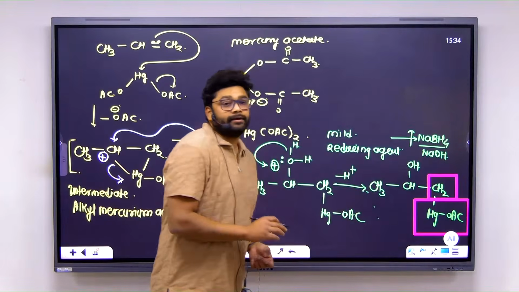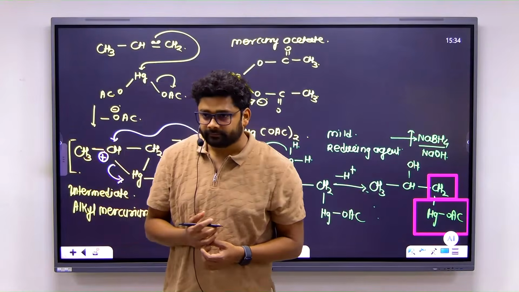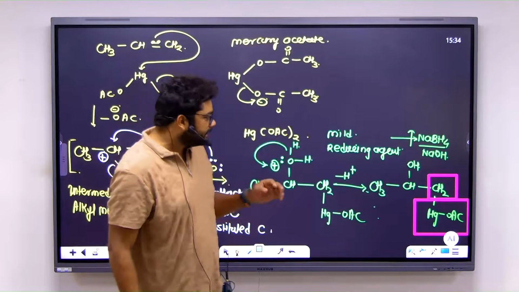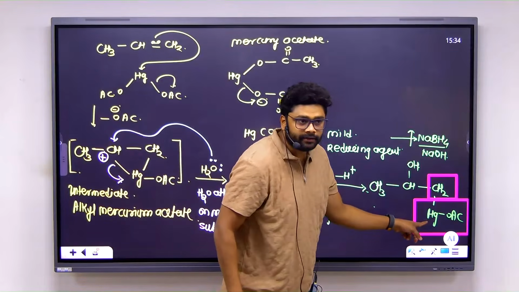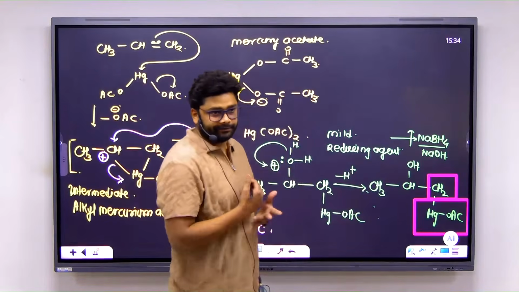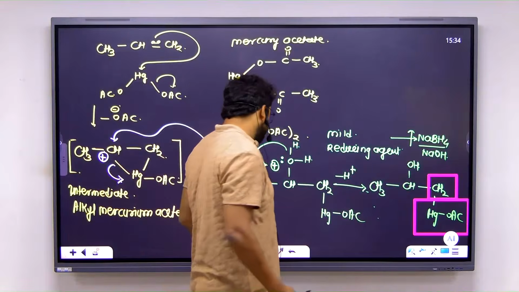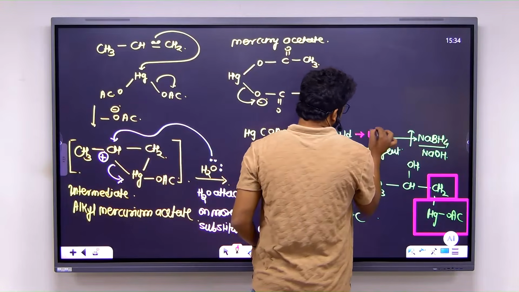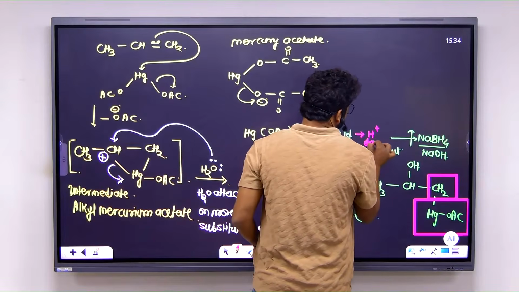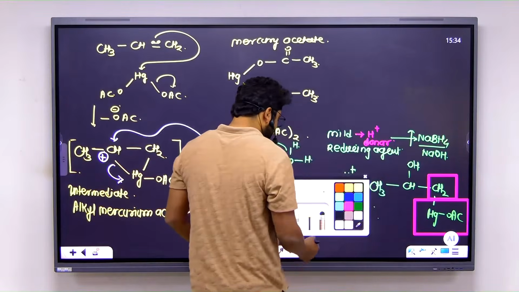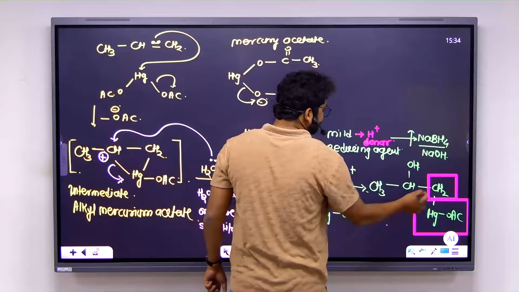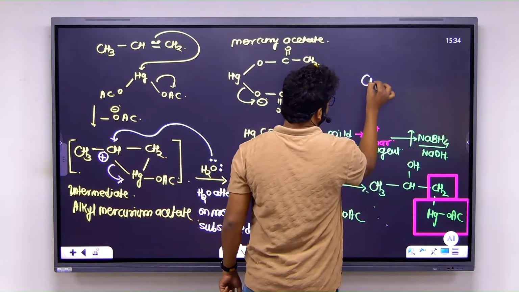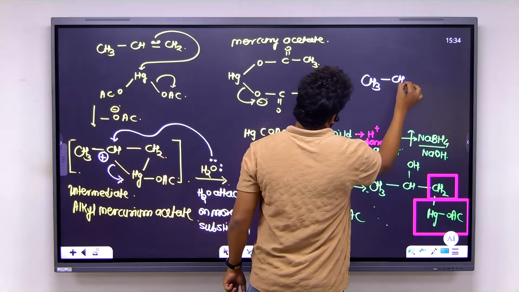Reduction means what? Giving hydrogen. And to whom is the hydrogen given? To CH2 and also to HgOAc. Okay, reduction means it will donate hydrogen. So these are used as a hydrogen donor. Reducing agent means a hydrogen donor, and at the end you will get CH2 becomes what?